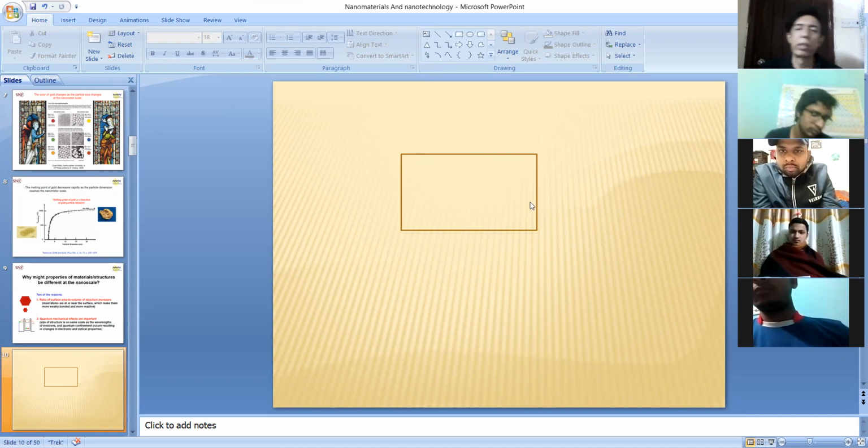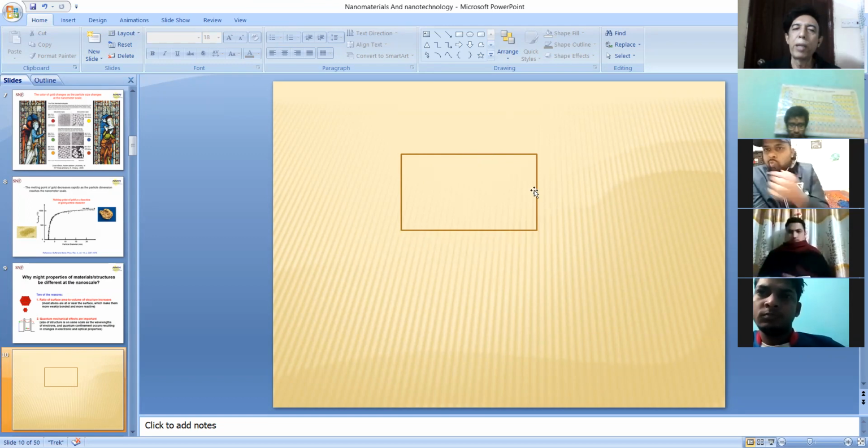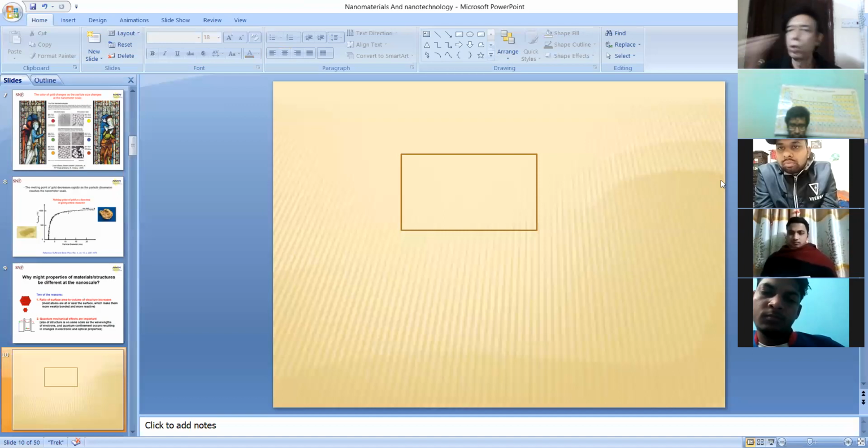That means you can say the number of atoms here and the number of atoms here. If you add the number of atoms in this surface, this surface, and this surface, above and below, then you will get the surface area.